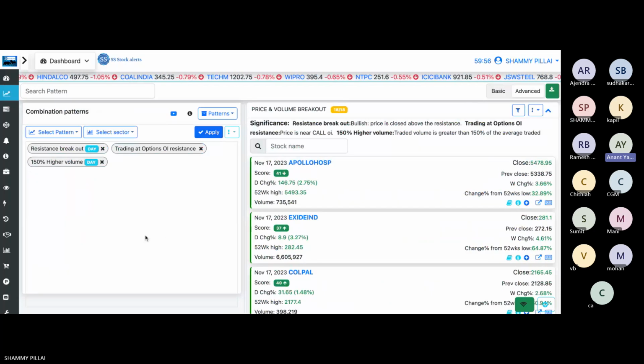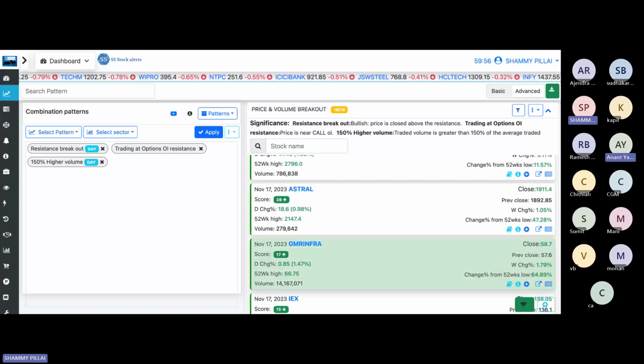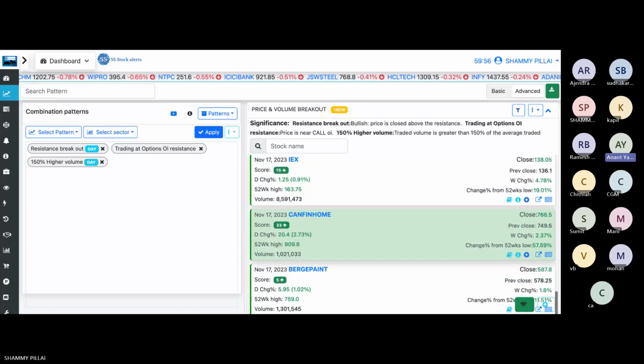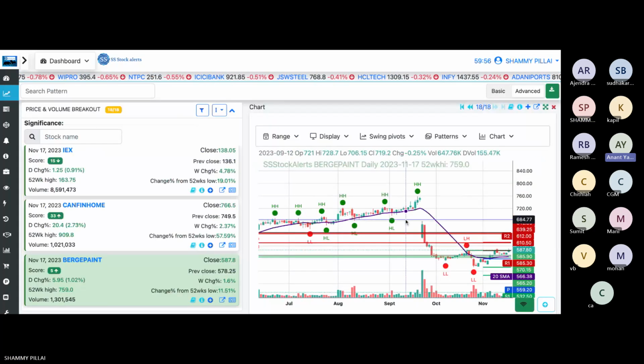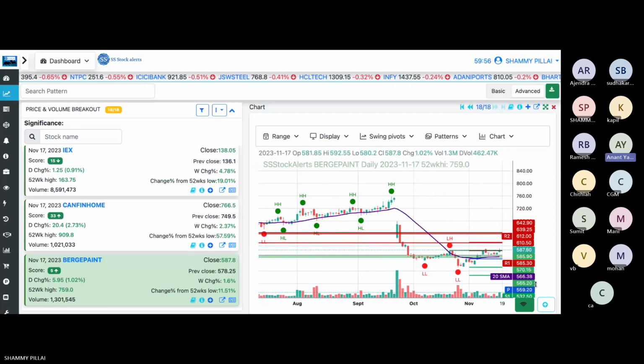So you mean that suppose Berger Paints, if it comes to 680, it will go up from 680 because of the filling of the gap? Gaps will be filled. No, in charts you will never have unfilled gaps. It will be filled. Berger Paints, if you can just see the huge gap between 680 to 720.